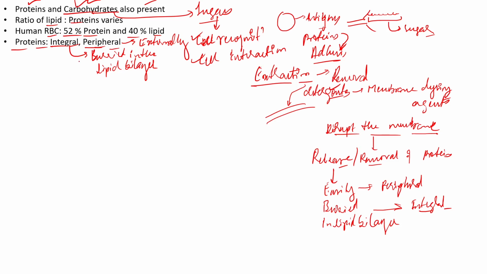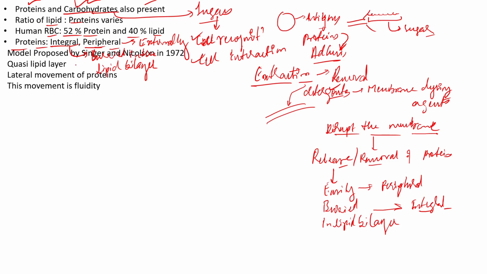I hope you have understood the concept behind the integral and peripheral proteins. So now, whatever model we have discussed, this model is called the fluid mosaic model, and it was proposed by Singer and Nicholson in 1972.